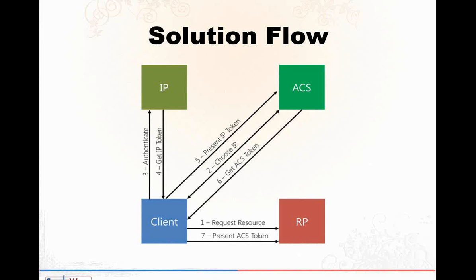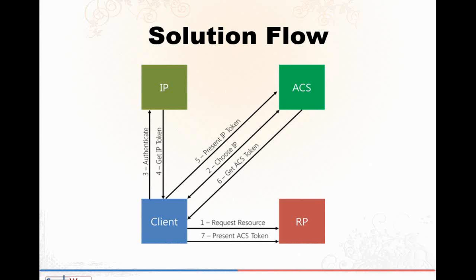Then the identity provider, after successful authentication based on the login and password, returns a successful token. After that token is returned from the identity provider, the client submits it to ACS for validation.